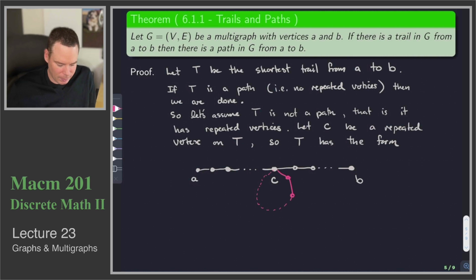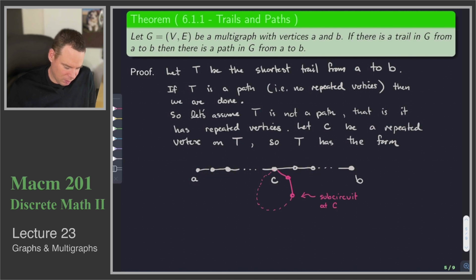So what happens is that there is going to be a sub-circuit, I'll call it. It's a subgraph of the graph T, the trail, which ends up being a circuit. So it's a sub-circuit at C. We travel along, we hit C for the first time, we travel some more, come back to C again, and then travel some more and get to B. Now in this drawing, I'm not claiming that all these vertices are distinct from each other.